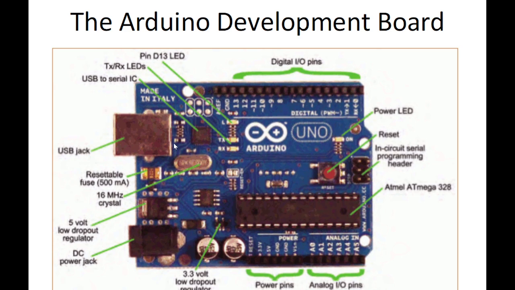Whenever you plug in USB, DC jack, or any other way, this LED turning on means that the Arduino is powered up. This is the reset switch, and these are the digital I/O pins. We will use them in our lab time for different projects. We will learn how to use these pins.